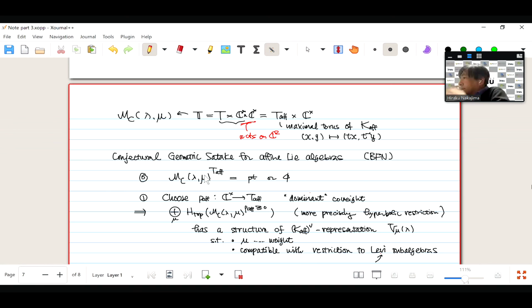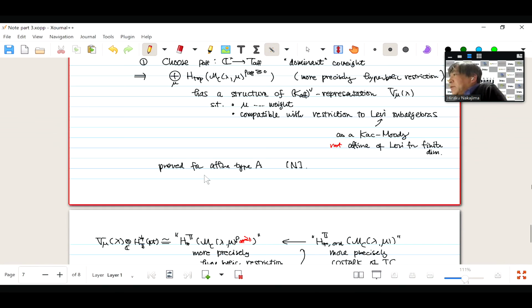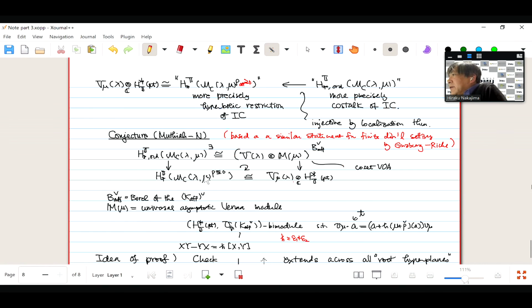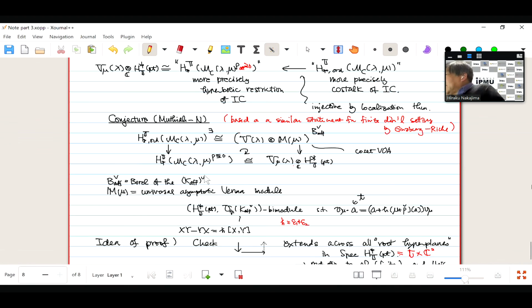Is there any other questions? So the conjecture is proved for the level 1 case? Probably by combining results of Arakawa and others on this coset VOA and W-algebra it may be true, but I don't know.